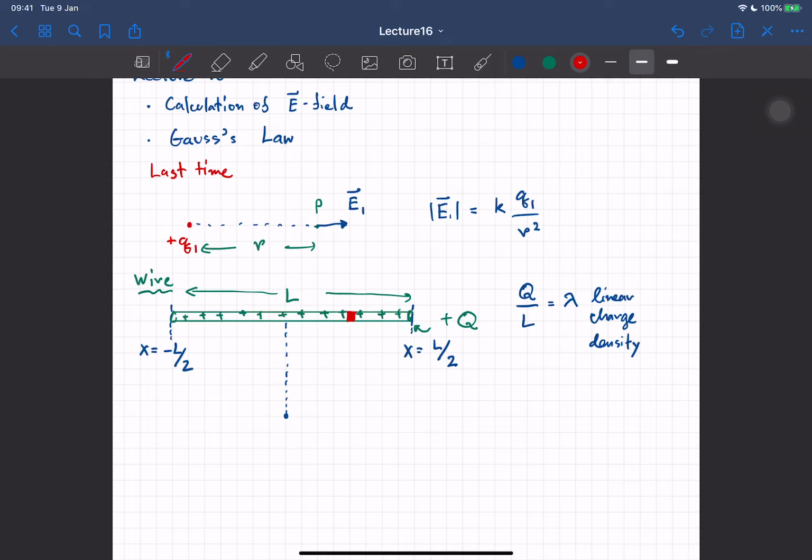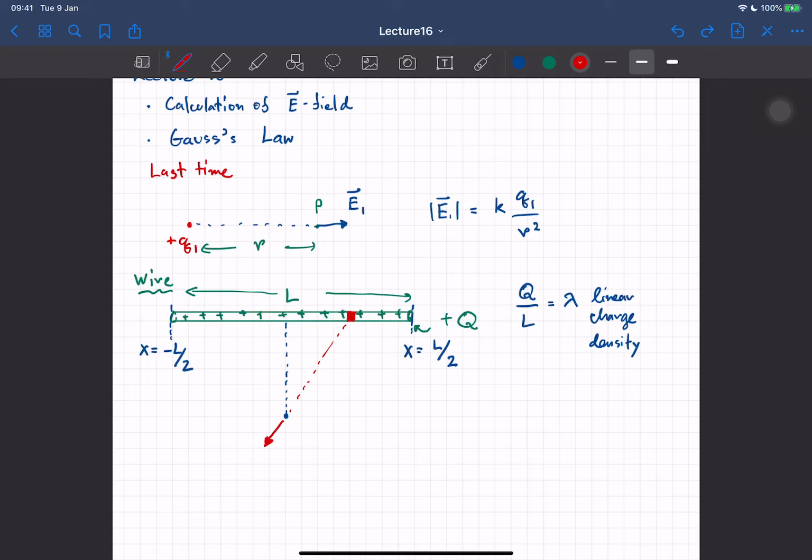So that's the idea. If I choose this to be small enough, then this will act like a point charge. So this one will give out electric field according to what we knew from before, right? It's positive, so it's going to point away like this. So we can write down the magnitude because we know the distance, we know how much charge is contained in that section.